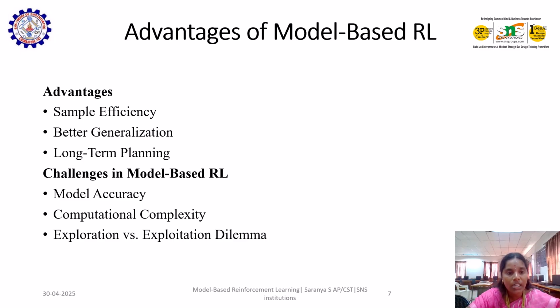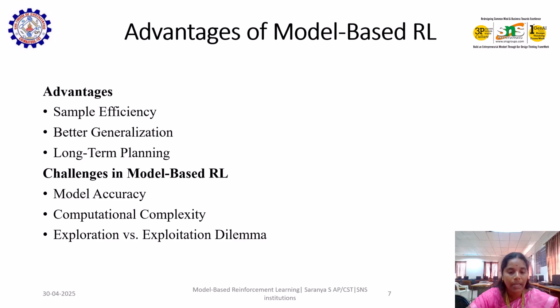Better generalization means the learned model allows the agent to generalize better to unseen situations, because they are trained to predict and adapt to new scenarios.